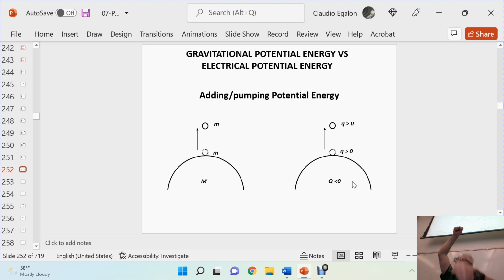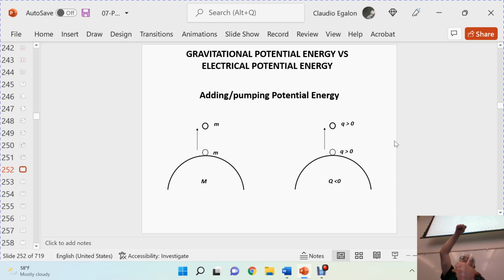They attract one another, right? They attract one another, just like in the case of the gravitational potential energy. So this small charge tends to move towards the bigger charge, the bigger negative charge. It means that there is an electric potential energy between those two charges. That's what it means.